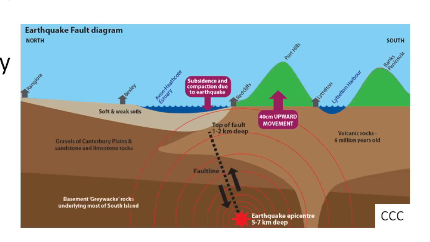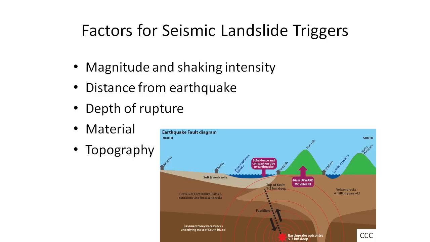And so pretty much they were in a direct line for that seismic energy. In addition, the material that makes up the Port Hills, there's all sorts of different types of materials, and each of those will have a different type of response to the seismicity. And finally, the topography, the shape of the topography and the fact that there is topography to begin with will have implications for the stability.